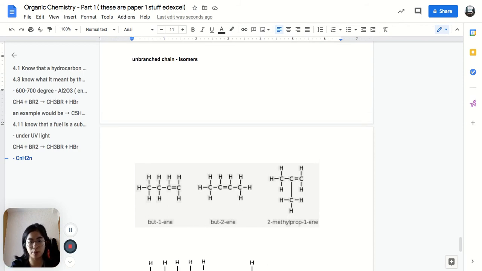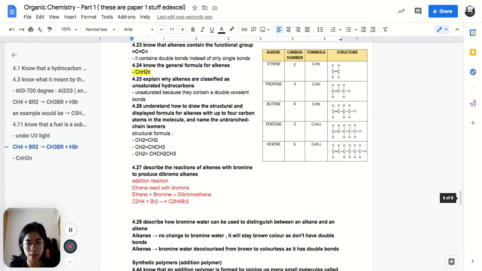If you guys don't remember what butane looks like, I will show you. Butane actually looks like this, and this will be called but-1-ene. Why is it called but-1-ene? You'll be like, what the actual heck? But-1-ene is because of where the double bond is. Let's say they are a group of buddies: CH2 is 1, CH2, CH2 is 3, CH3 is 4, a group of 4 buddies.